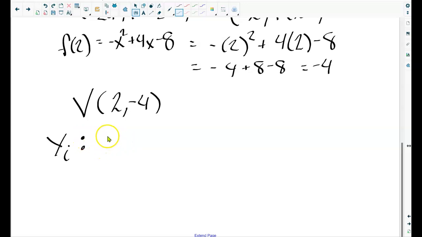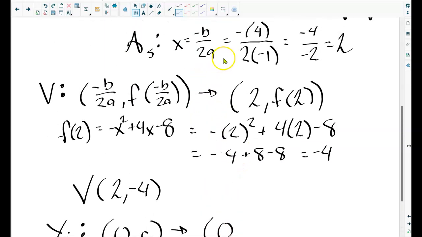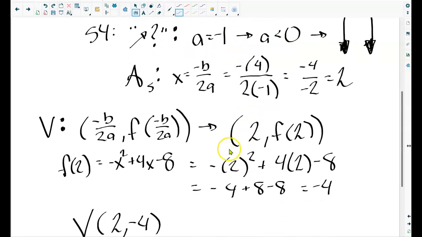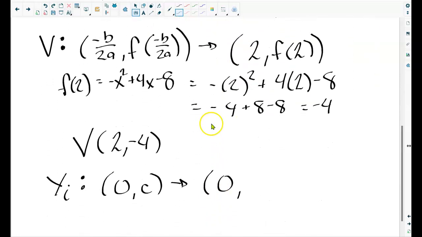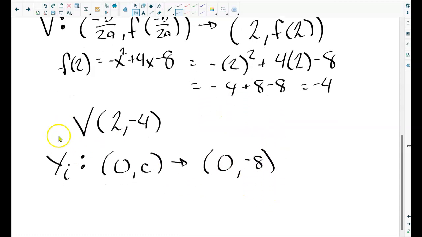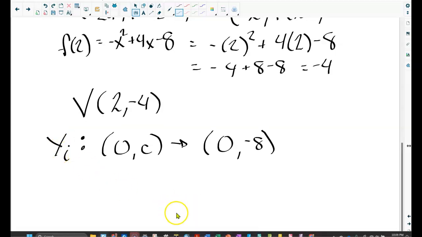Okay, we know that that's 0, c, and we have 0 for x. We've identified c earlier, right? Where is it? -8. So we're done.